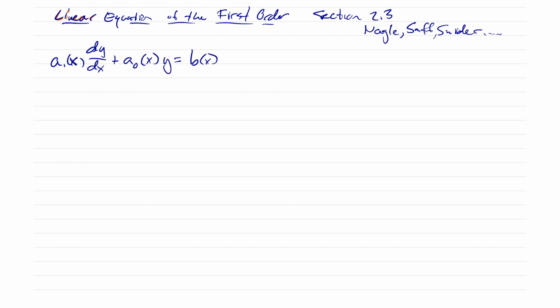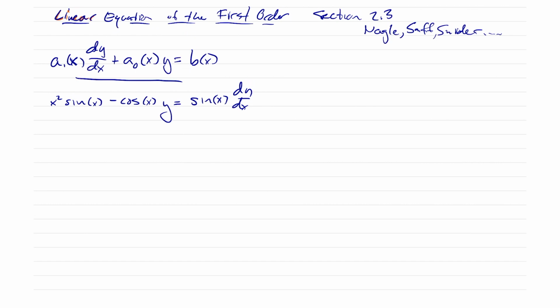So if we take a look at, say, the first example, what we have is x squared sine of x minus cosine of x times y is equal to, say, sine of x dy by dx, right? And so they're telling us that this is linear. It doesn't look like it's in this form yet, but it's easy enough to move it around.